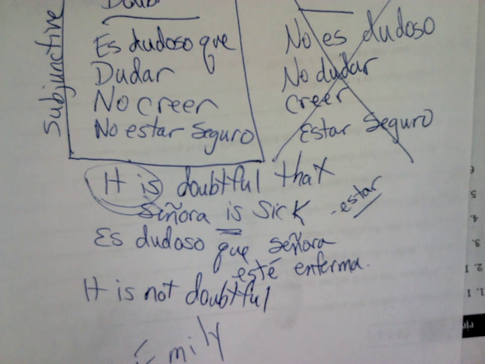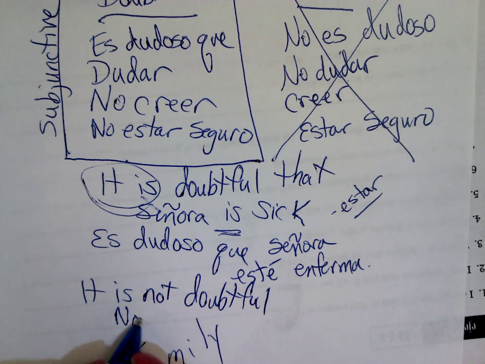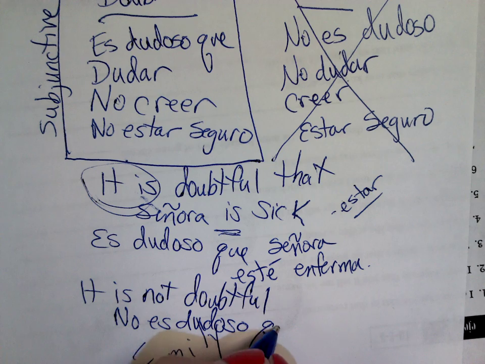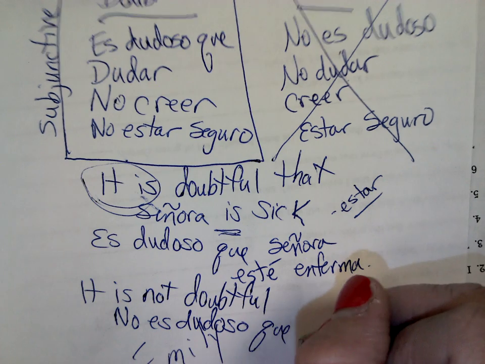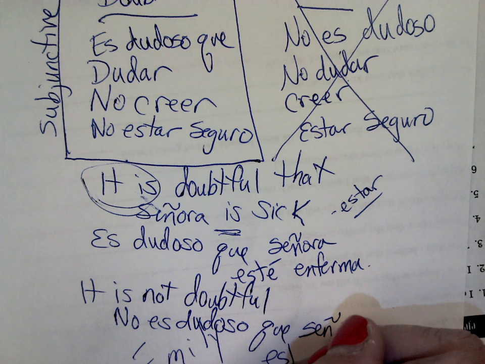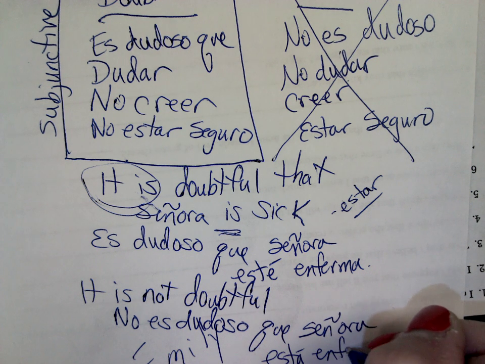At this point, there is no doubt. Even though there is a switch in subject, there is no doubt. So do we use subjunctive? The answer is no. So now it would be no es dudoso que Senora, and the regular form is está enferma.